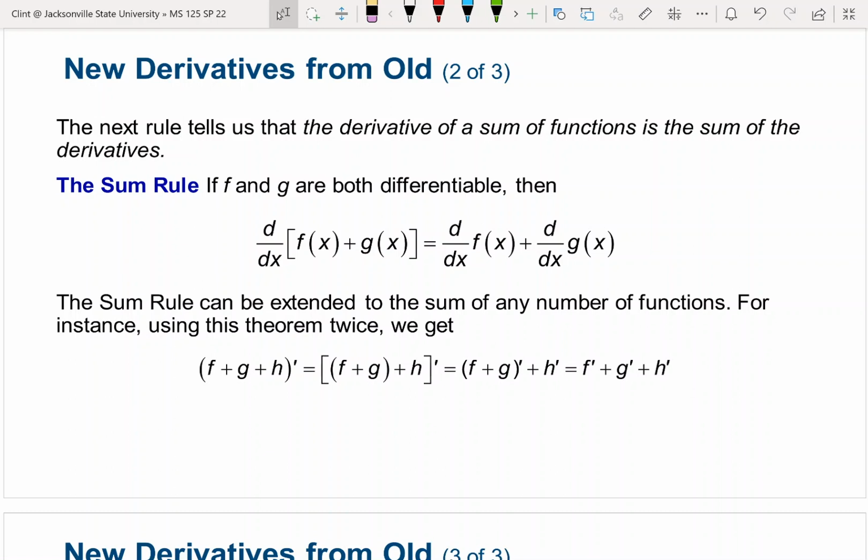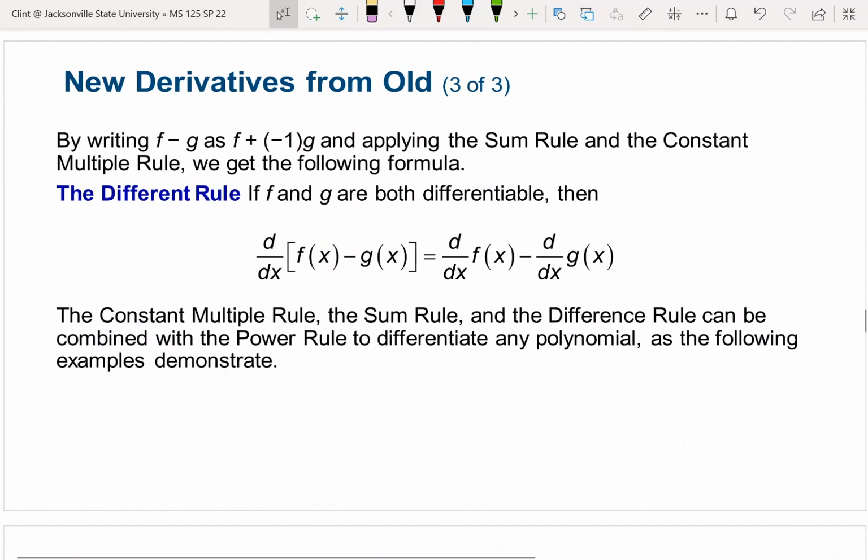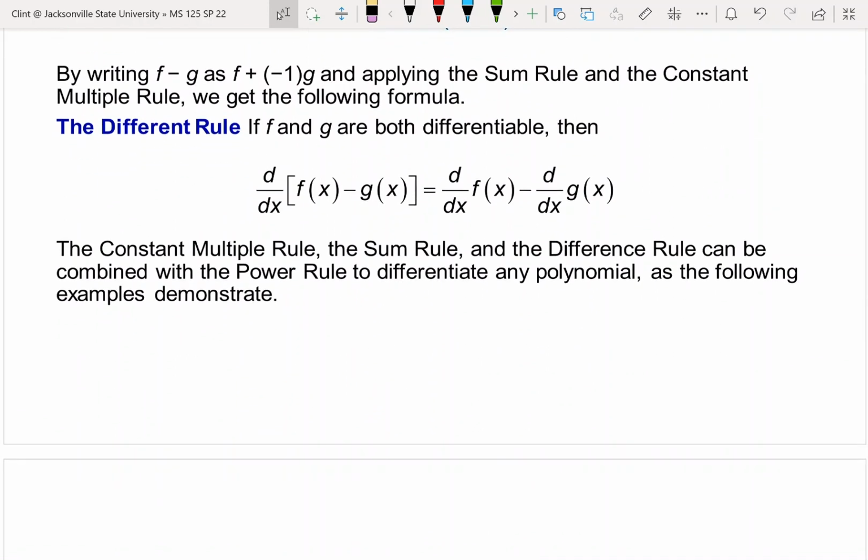But any finite number of functions that we want to add together, we can split them up and find the derivative separately. And then we can do the same thing with subtraction. If we want the derivative of the difference of two functions, split them up. The derivative of the first one minus the derivative of the second one.